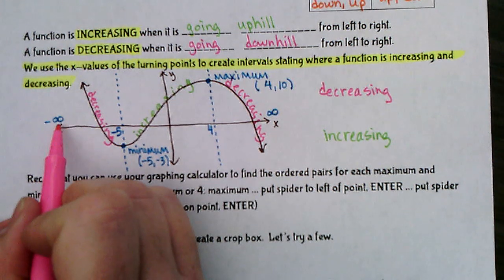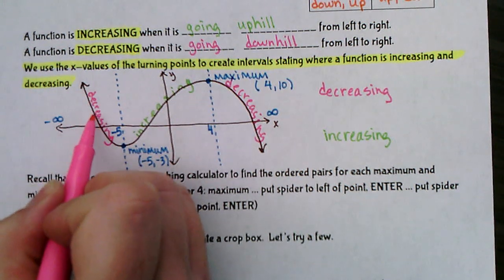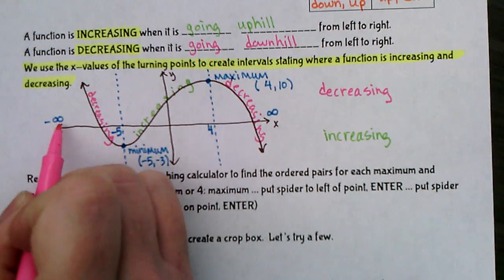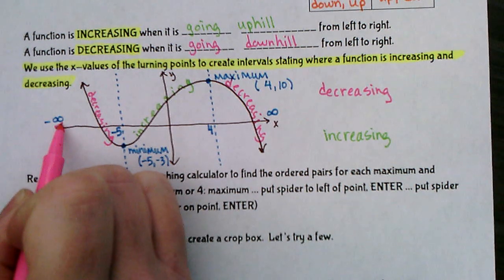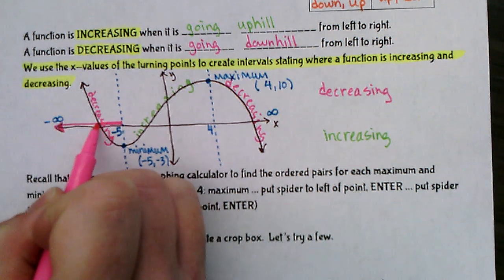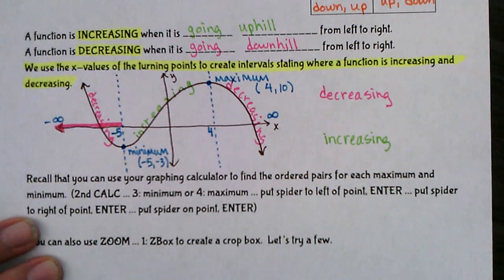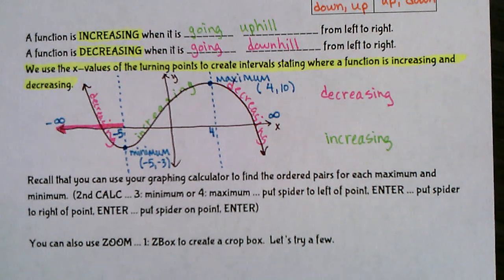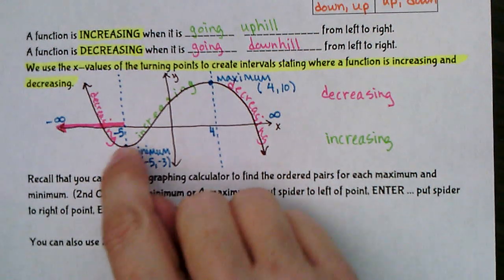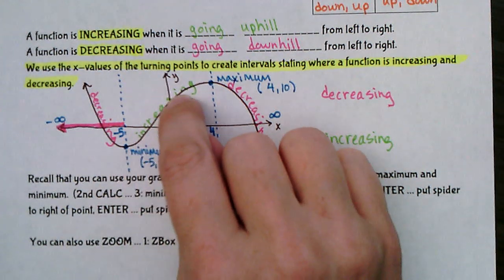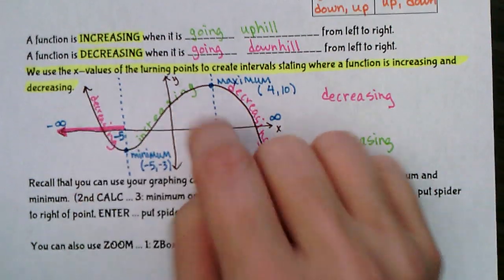When I start out at -infinity, remember I was going downhill until I got to -5. So I will color that part pink because that's the color I was using for decreasing. And then what happened at -5 is I started increasing all the way till I get to 4.